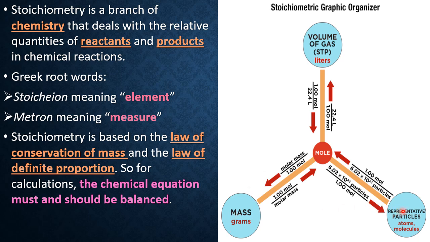These many particles participated in the reaction and how many are formed, or this much volume of gases were there before the reaction and these many gases were formed after the reaction. Or this many grams of reactants were there and this many grams of products are formed. Or in terms of moles, earlier I had 10 moles, now how many moles are formed. All these interconversions come under stoichiometry.